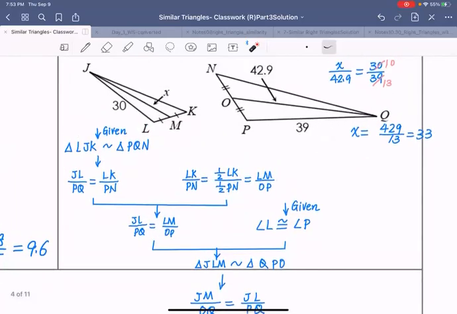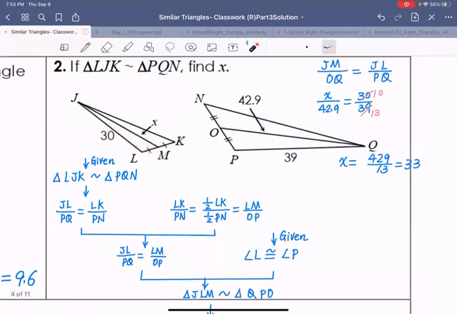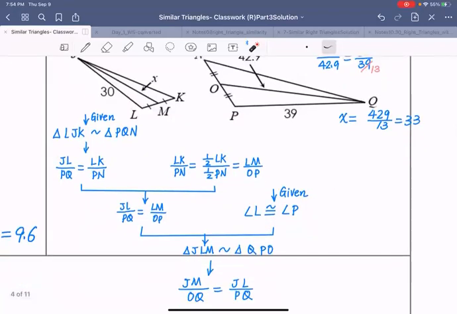Now, look at this. JL over PQ equals LM over OP. Do we know these two angles are equal? Yes. They said these two triangles are similar, so this angle and this angle are corresponding angles, right? So they are equal. Make sense? Now look at this.